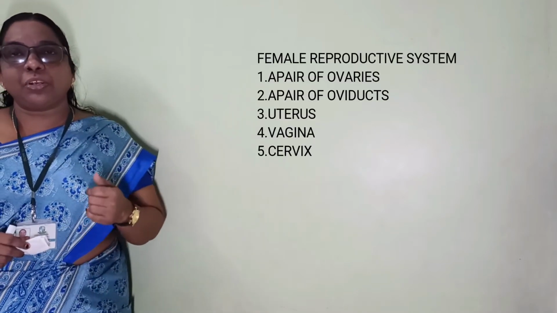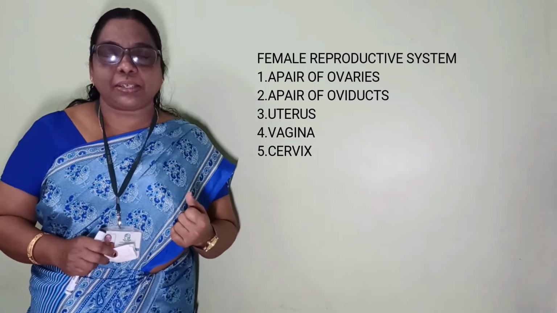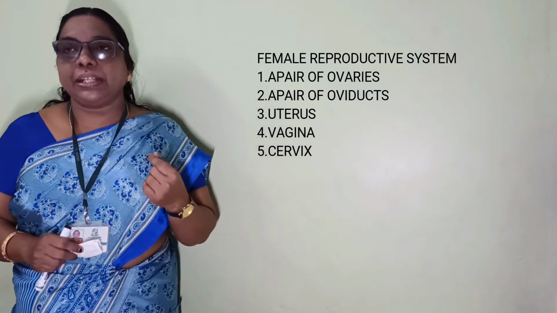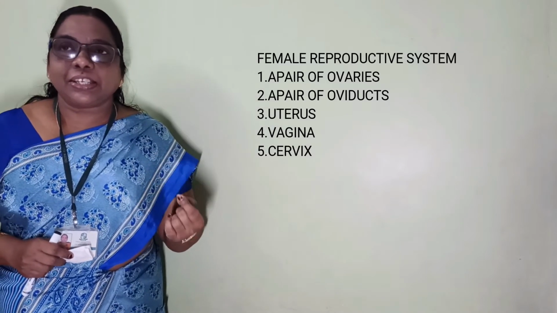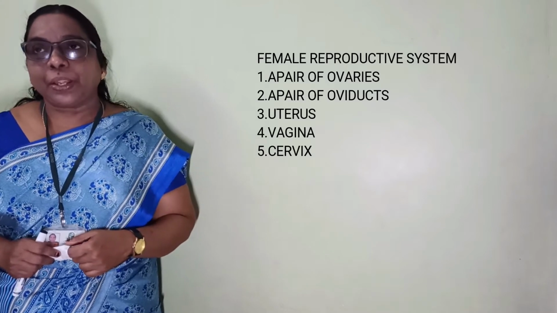Let me start with the second system, the female reproductive system. In the female reproductive system we also see a pair of ovaries, a pair of oviducts, and then the uterus, cervix and vagina.